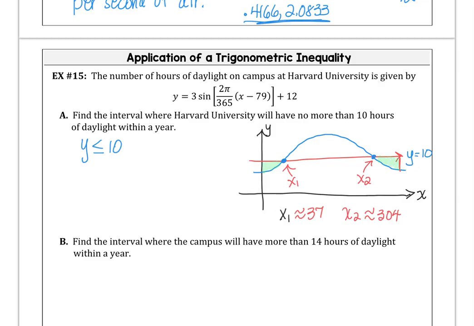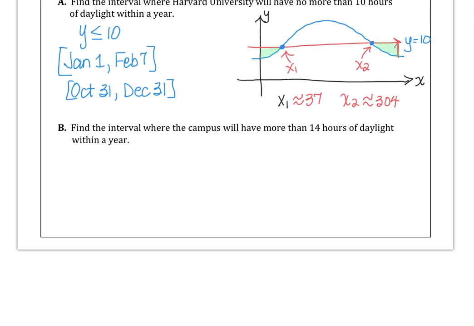So that would be calculating 37 days, January the 1st to February the 7th, no more than, so inclusively, and October 31st to December 31st, inclusively.